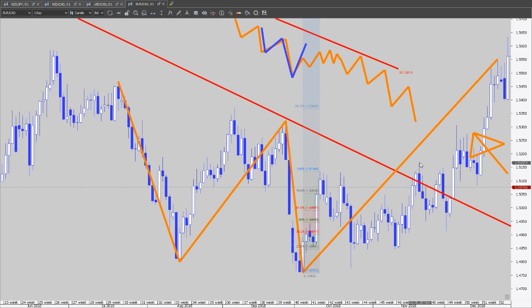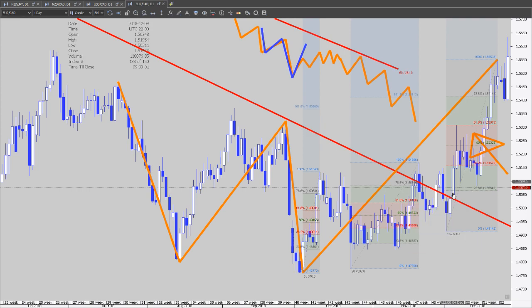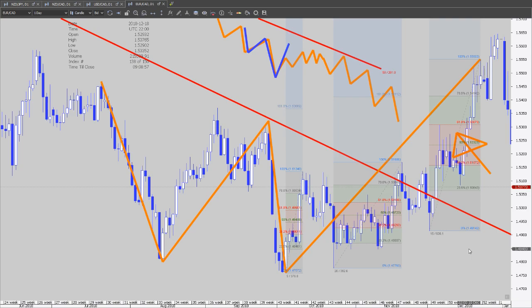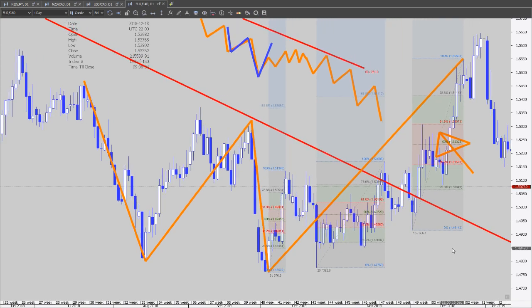I hope I'm not mistaken, but this would be the second swing, 161.8 and Fibonacci retracement. This would be the third swing, right? So let's wait for the retracement, and the market retraced.